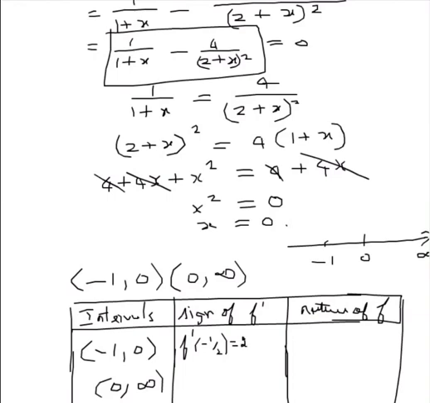Half in the denominator, so if I write the reciprocal, it is 2. So 4 by 2 plus half, that is 2 and a half, 5 by 2. 5 by 2 whole square is 25 by 4. So if I write the reciprocal, it is 16 by 25.